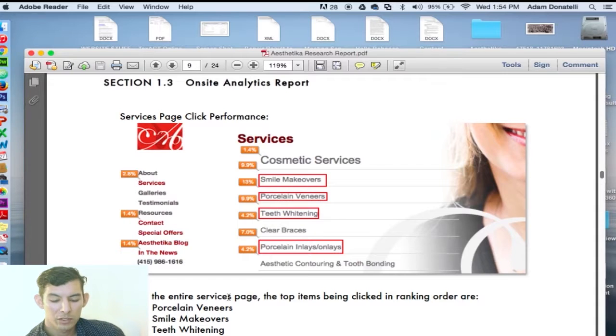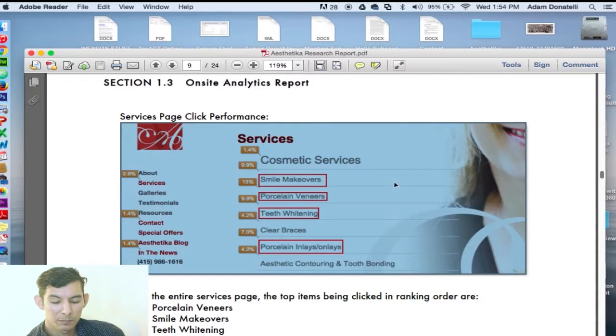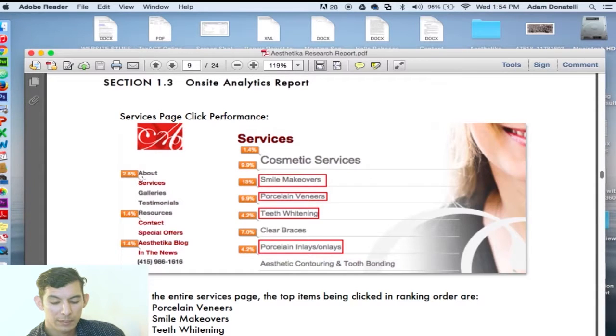This is the home page, an image of part of the home page. There's the navigation, and here's the services page. And what we see is that porcelain veneers has the highest percentage of clicks in this entire page so far.